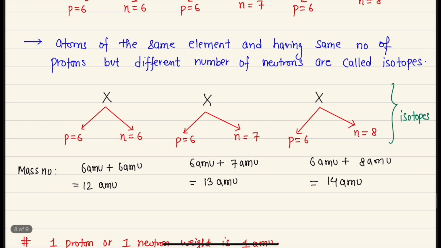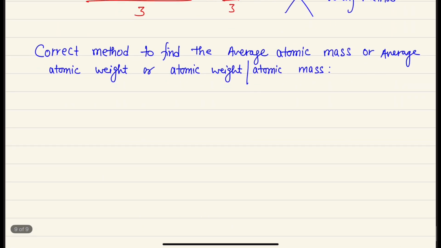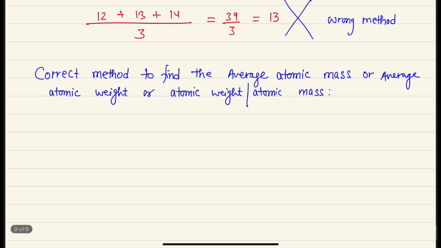Like here, this atom has a mass number of 12 AMU, this 13 AMU, this 14 AMU. These are not the atomic weight. These are the mass number of a particular atom. If I want to find the atomic weight or atomic mass, then we have to take the average of the atomic weight of all the isotopes. Clear?